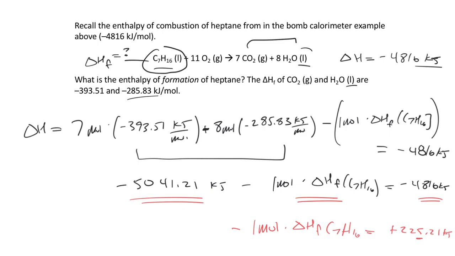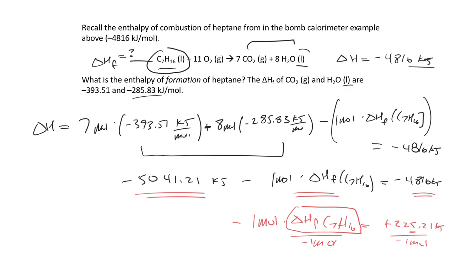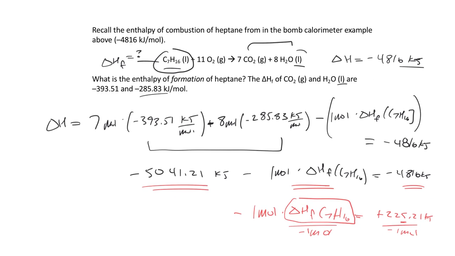So I've just added 5,041.21 to both sides. And then I'm just going to divide both sides by negative 1 mole, just so I can solve for this. So my delta HF of C7H16 comes out to be negative 225.21.